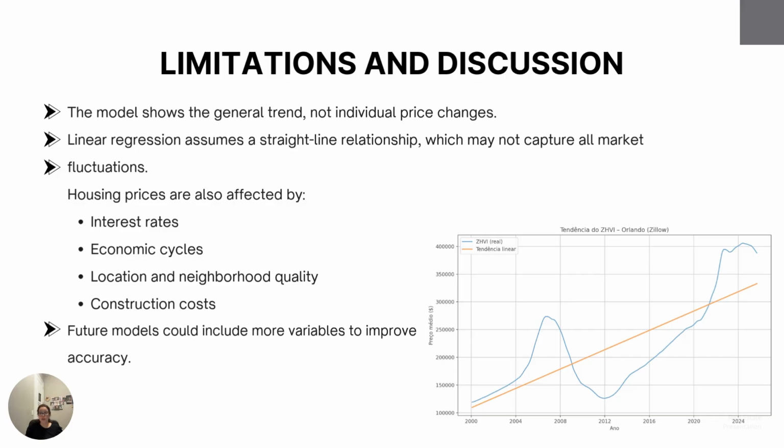Those variations aren't perfectly linear. Also, housing prices are influenced by many other factors: interest rates, economic conditions, location, neighborhood development, and even construction costs.